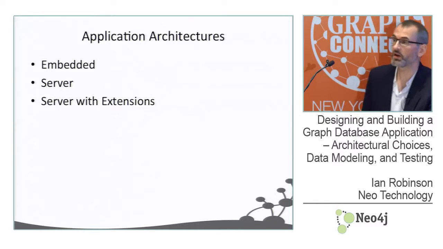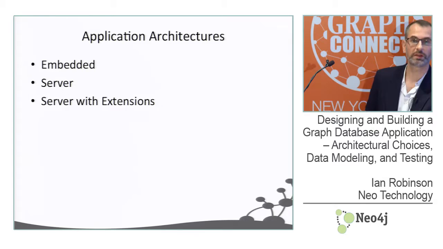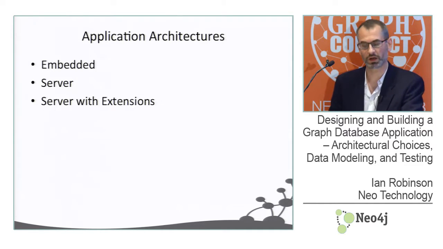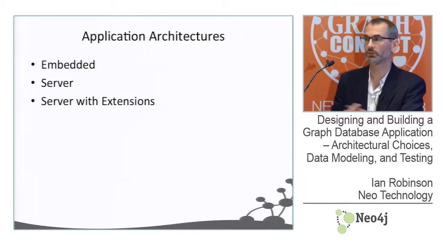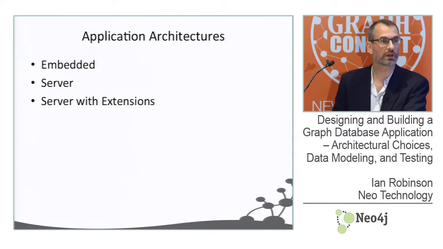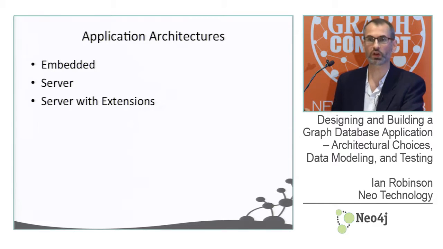But that's not our experience today of most other database products. Typically, we expect a database to be somewhere else over the network, and we're just going to communicate with it over the network. We don't want to embed it in our process itself. So most people today actually run Neo4j as a server product. We've talked about that a little bit earlier on in some of the other sessions. Effectively, the server product is a wrapper.